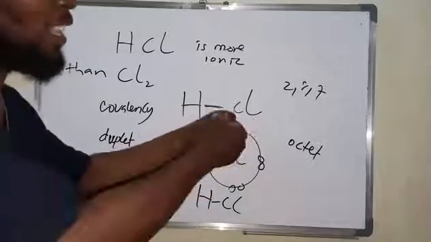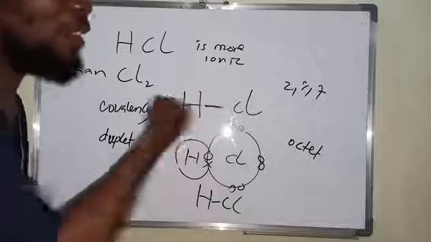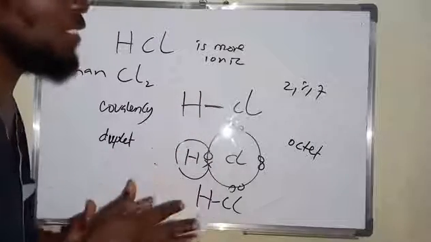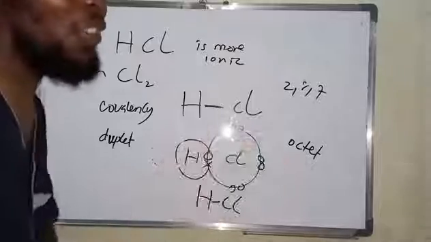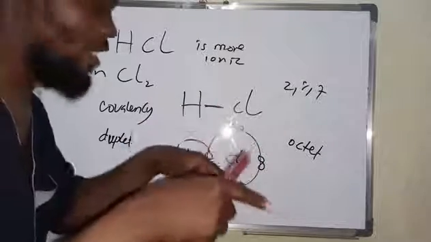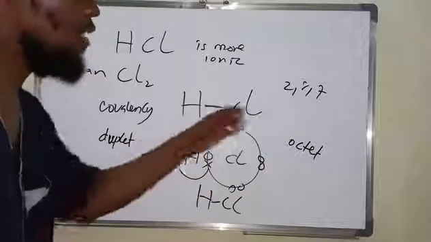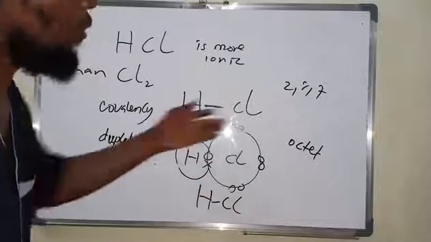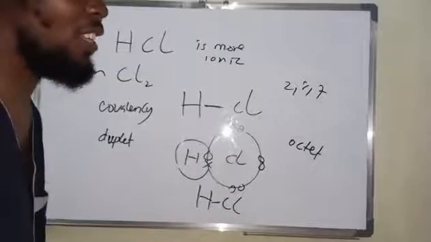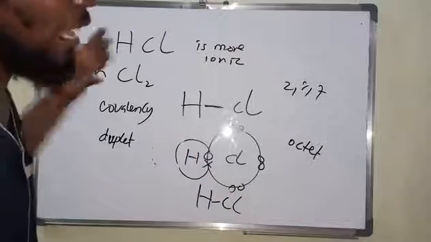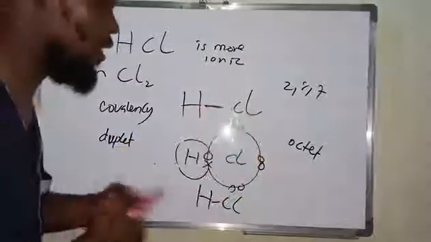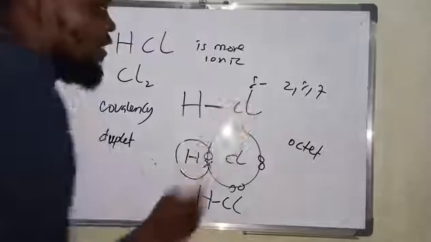Because chlorine has larger electron attracting power than hydrogen, the shared electron will be attracted closer to chlorine than hydrogen. So that will create partial charges on each of them. When an electron is removed from an atom, it leaves a positive ion, making the atom positively charged. When an electron is added to an atom, it makes it negatively charged. So when chlorine attracts the electron to itself, it gives it a partial negative charge.